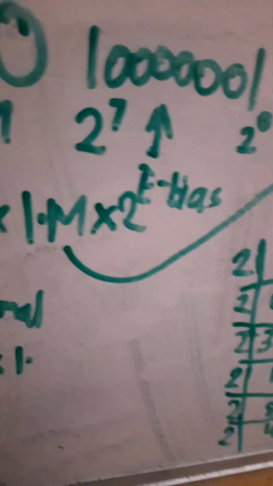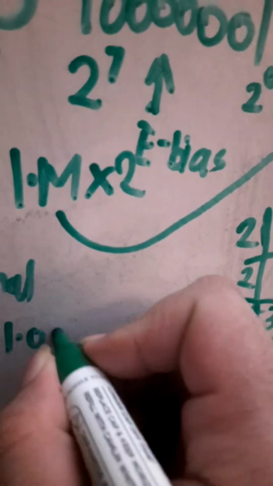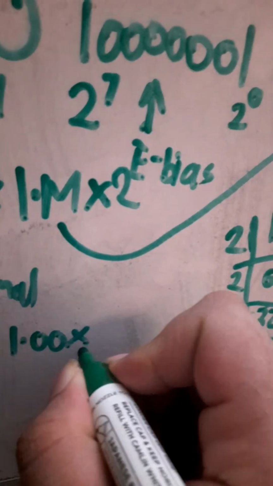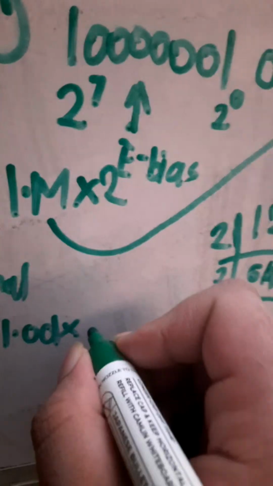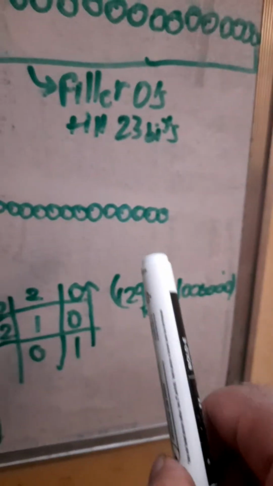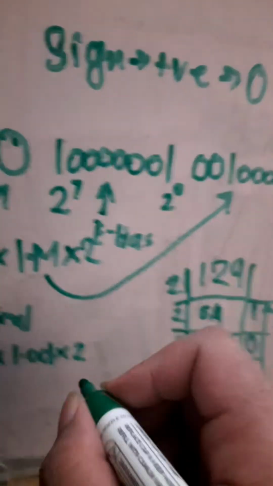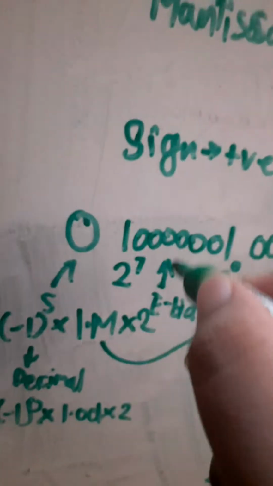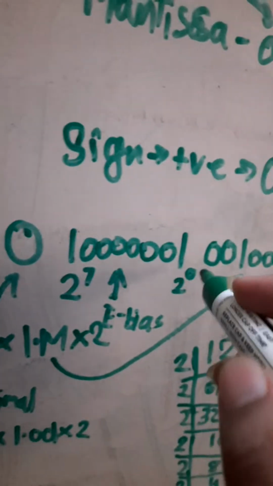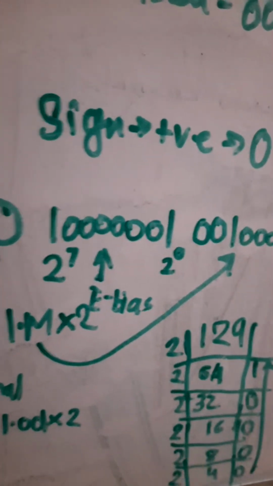So we would write this 001, and 2 raised to, so we know what this number means. This is 129. This is 2 raised to 7, so this is 128, and you must be knowing that.